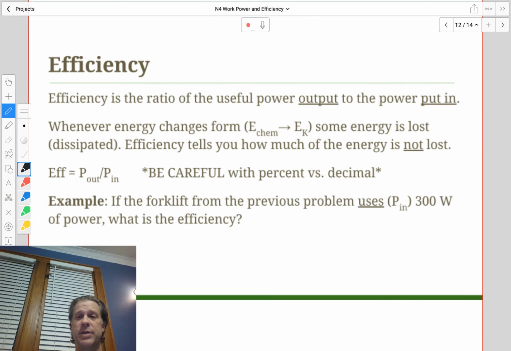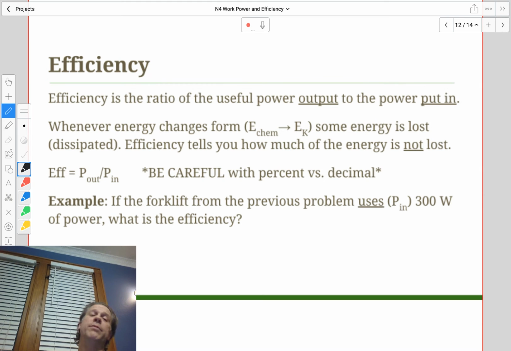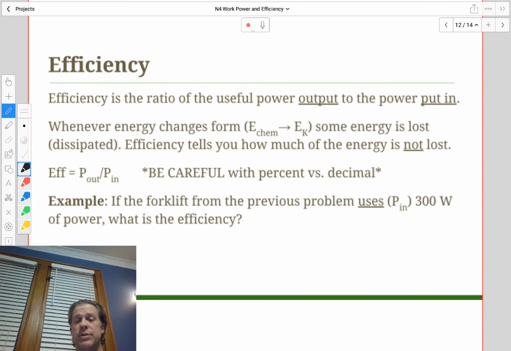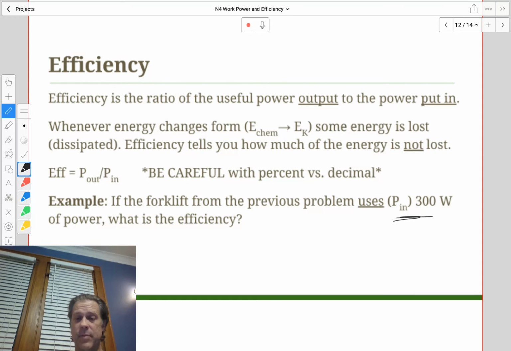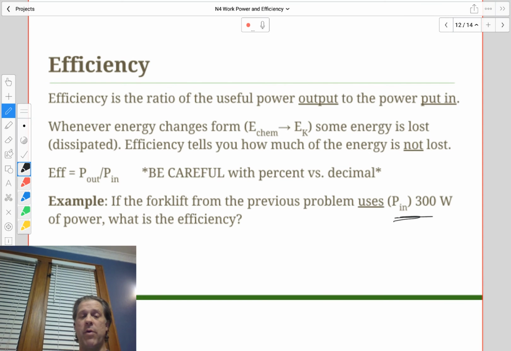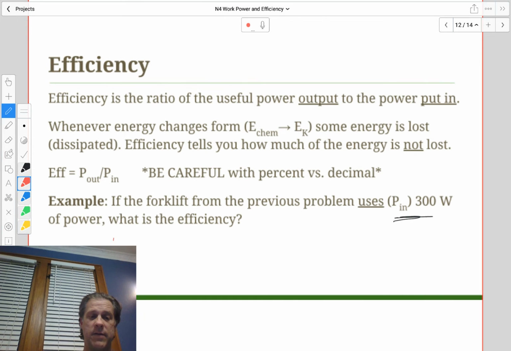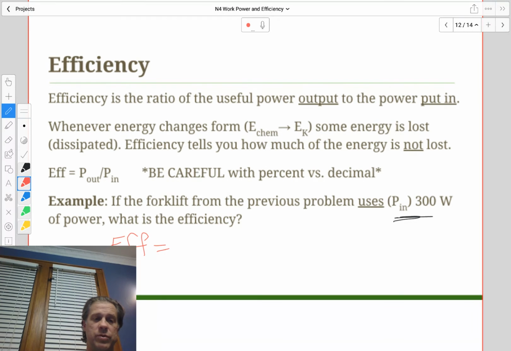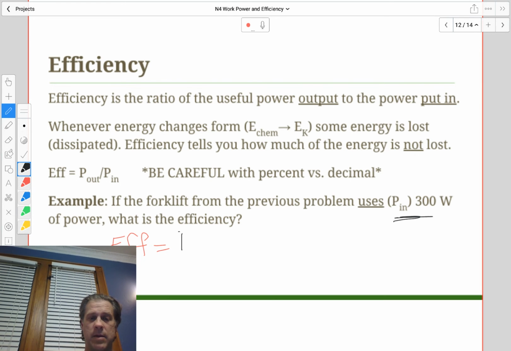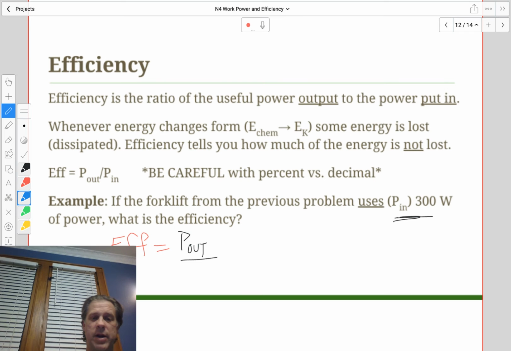So in this particular example, if the forklift from just before uses 300 watts, that's our P in, of power, what is the efficiency? Well, in this problem, we are going to take efficiency equal to power out divided by power in.